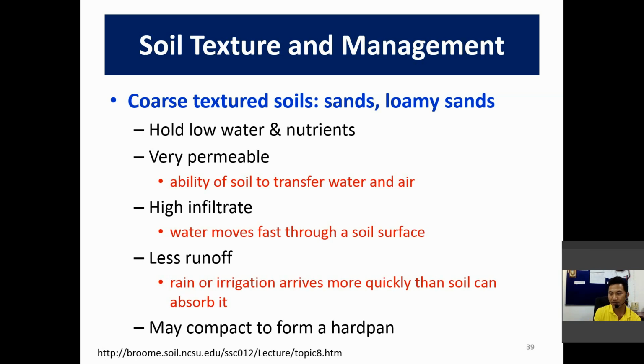So you can pick some sort of plant that fits well with the coarse texture, like any kind of cactus that goes very well in sandy soil, because they don't need a lot of water, they need a lot of air. So you can pick the plant that matches the soil texture as well, to reduce the technology that you're going to use and reduce the cost of the plantation.